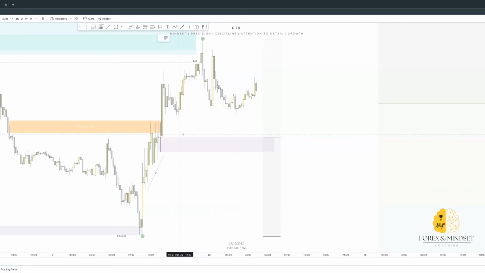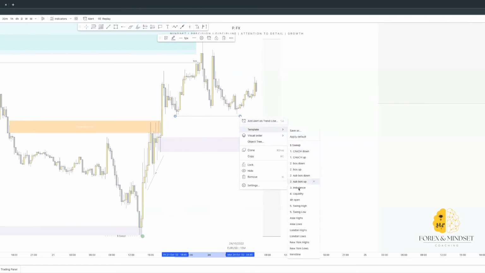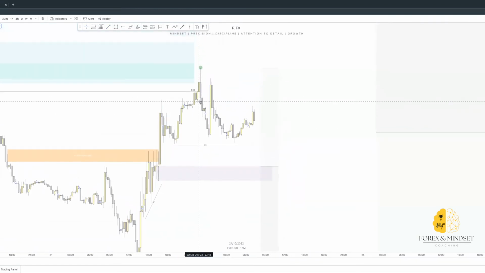Another thing that I'm seeing here is that we have more liquidity sitting around this area. And what I can also see is that now we are looking at substructural price action, and we had the low creating the high, and this low at the moment is still holding. However, it created equal highs.